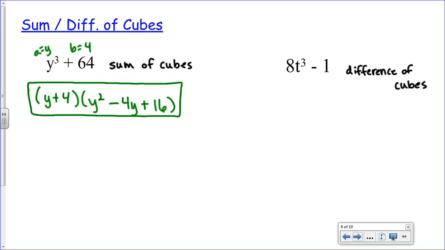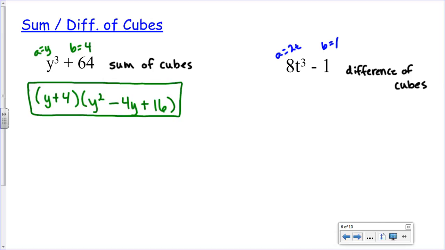Okay, what is the cube root of 8t cubed? 2t. So A is 2t. What is the cube root of 1? 1. Don't worry about the sign. Just look at 8t cubed and a 1. Don't look at the subtraction because it already has those worked out for you.